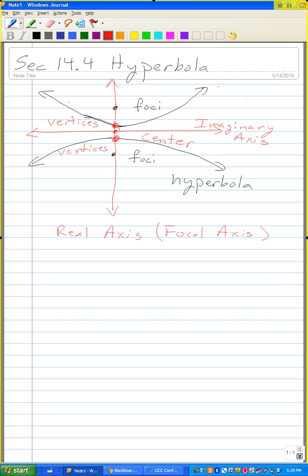And there's something called a bounding rectangle.